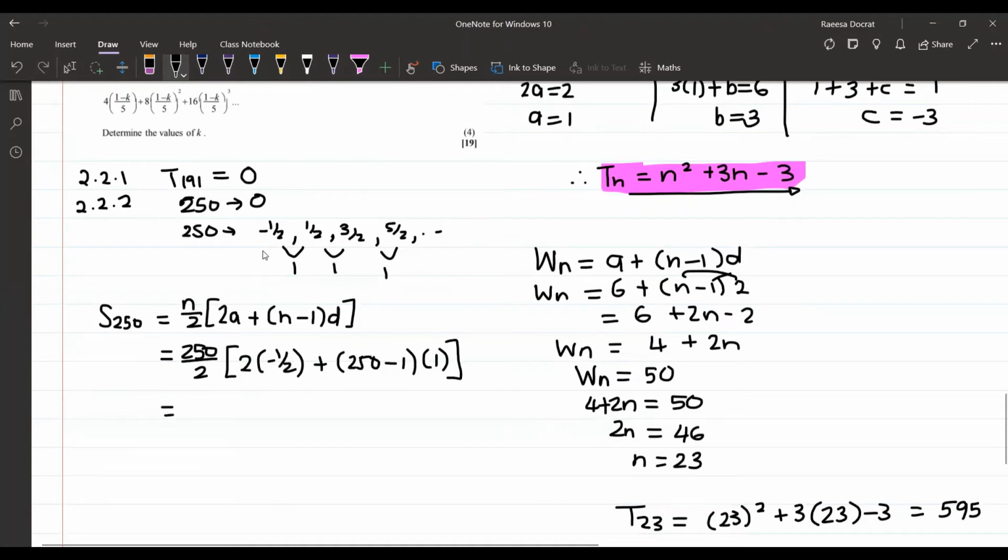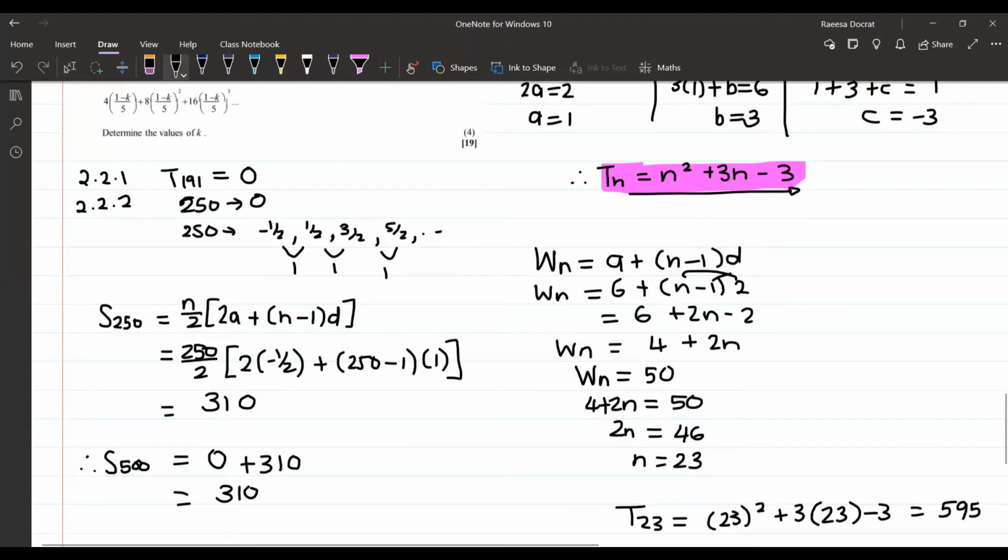Typing that into our calculator, we get that the sum of the 250 terms is 31,000... Therefore, the sum of the 500 terms is 0 plus 31,500... So that is 31,125. Sorry, too many zeros.